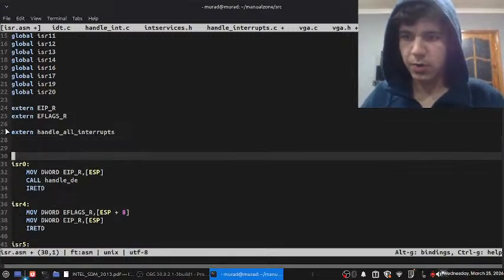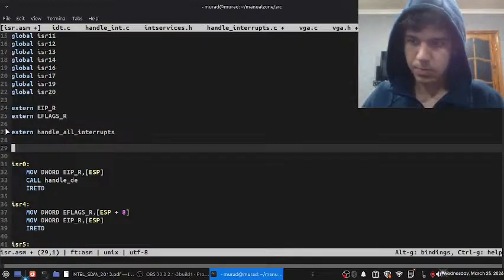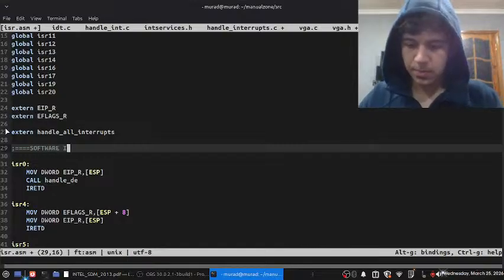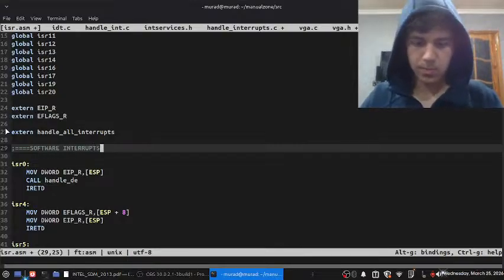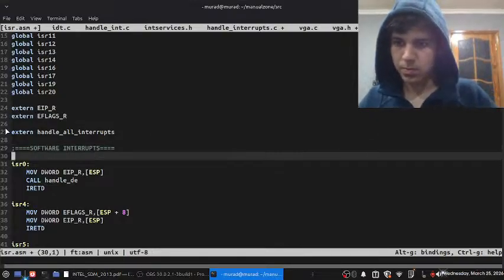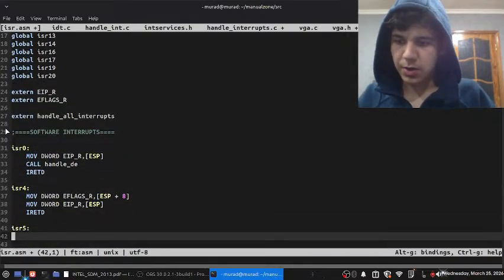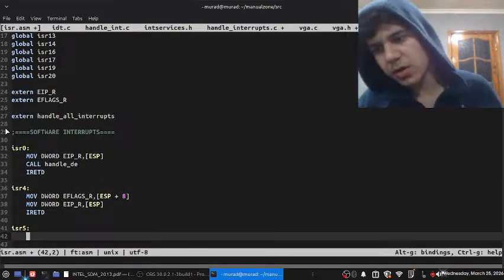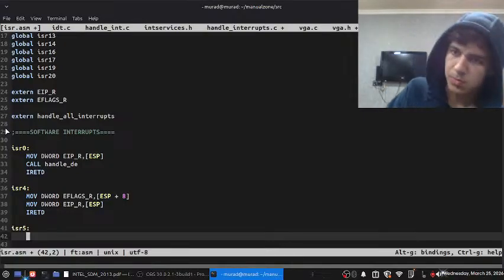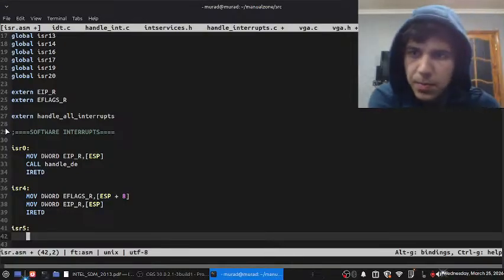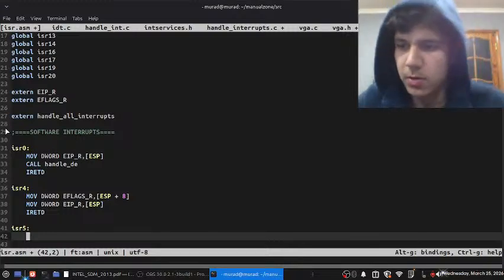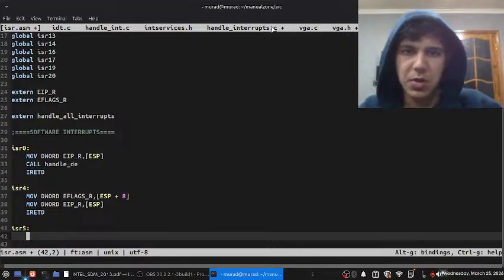These are software interrupts here. ISR 5. Assembly must be written in caps lock because assembly is not a language. Assembly is hardware. Assembly is CPU.